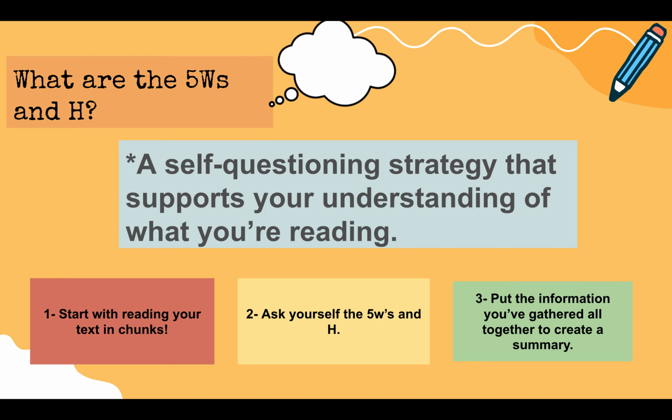While reading your text in chunks, you need to then ask yourself the 5 W's and an H. And then you'll put the information you've gathered all together to create a summary. Creating a summary helps us put everything that we've understood on paper together to give us a whole picture of what we just read.